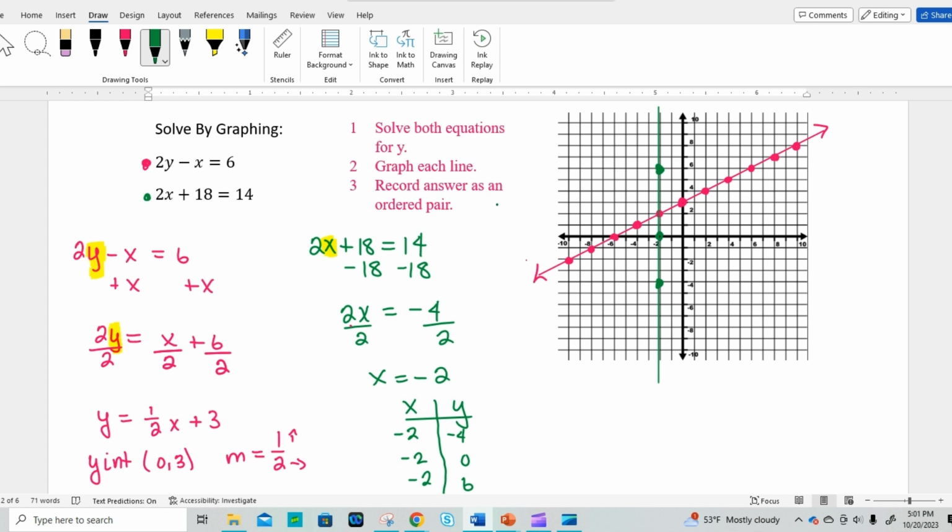Okay, there's my green line, and it's maybe a little bit off, but it's close enough.